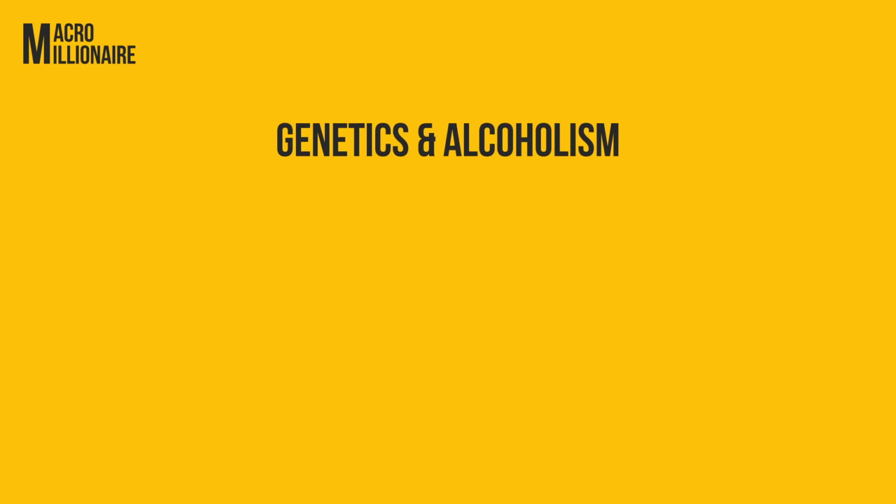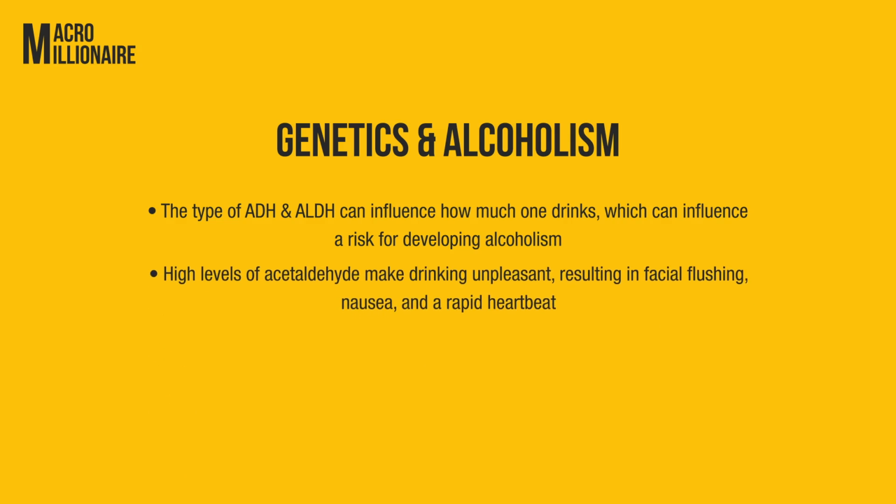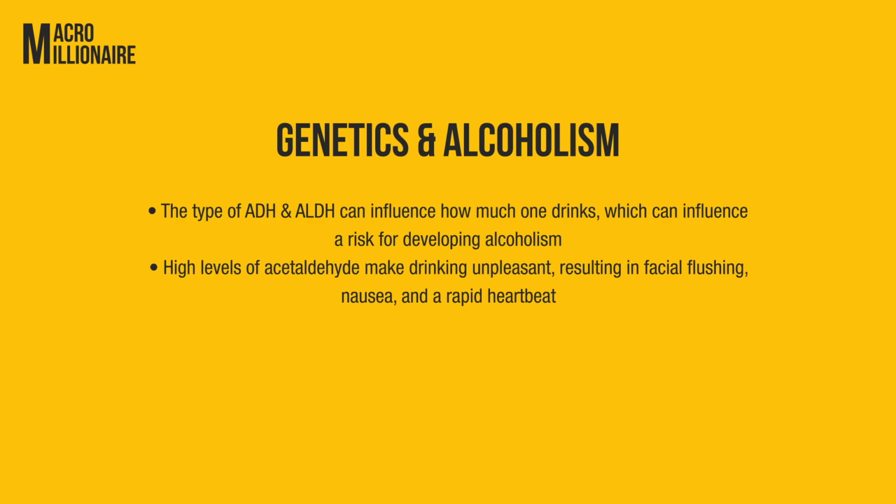So, genetics and alcoholism. If we take a deeper dive into this, the type of ADH and ALDH, these are enzymes that break down ethanol, an individual carries has been shown to influence how much he or she drinks, which can in turn influence his or her risk for developing alcoholism. For example, high levels of acetaldehyde make drinking unpleasant, resulting in facial flushing, nausea, and rapid heart rate.